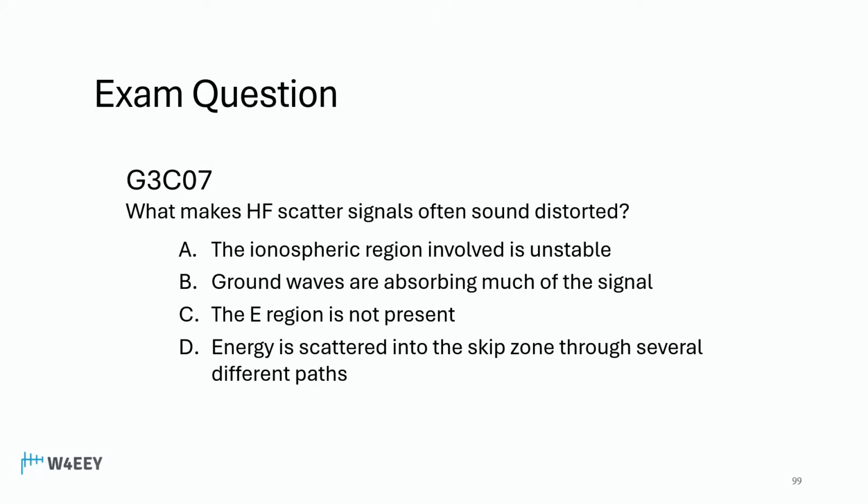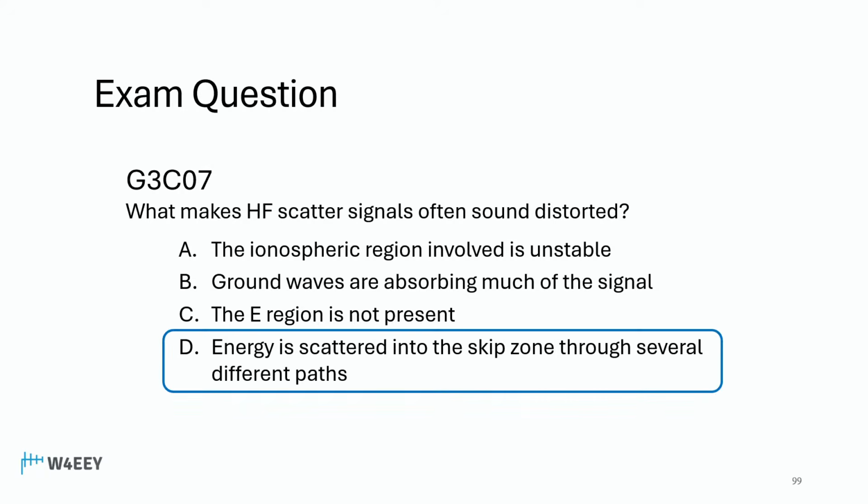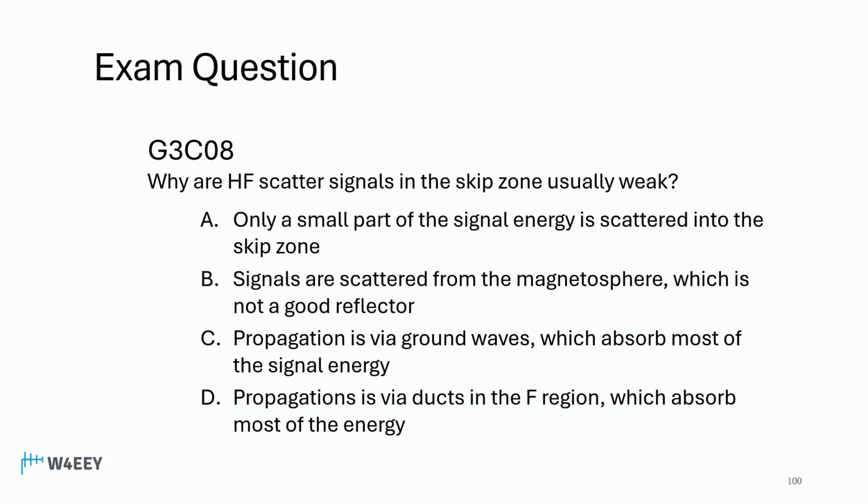What makes HF scatter signals often sound distorted? Delta. It is Delta. Energy is scattered into the skip zone through several different paths, so there's some multipath distortion going on. Why are HF scatter signals in the skip zone usually weak?